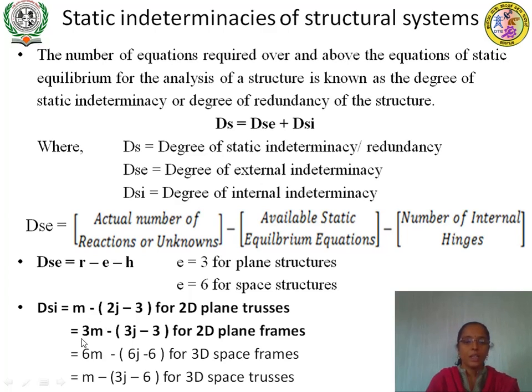And then DSI is equal to 3m minus (3j minus 3) for two-dimensional plane frames. This is for trusses and this is for frames or beams.